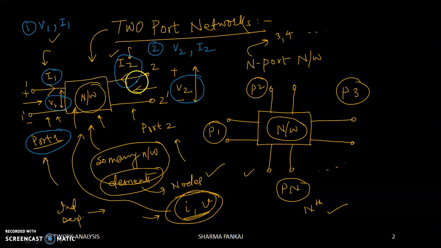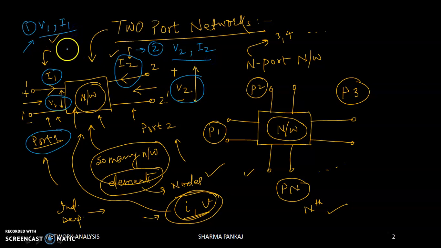So whenever we face a problem or situation of a two-port network, we automatically consider that the variables defined on port number 1 are V1 and I1, and the variables defined on port number 2 are V2 and I2.